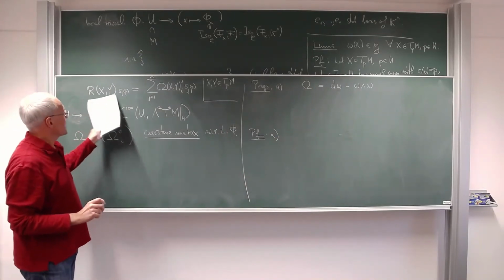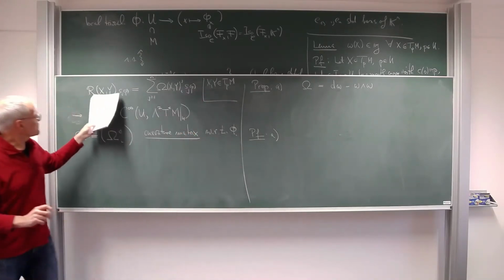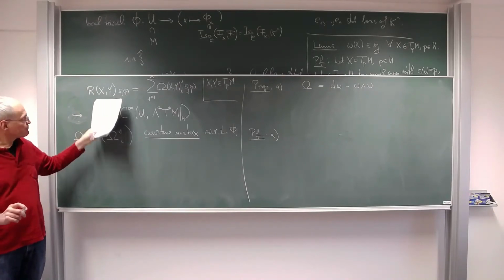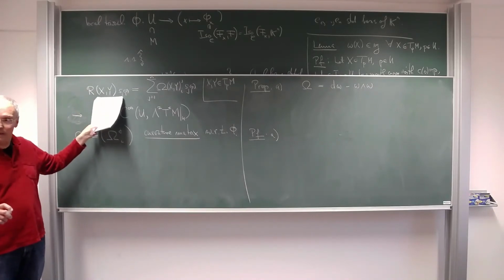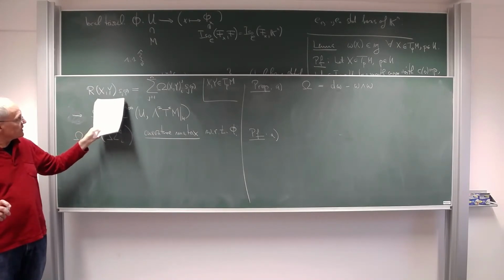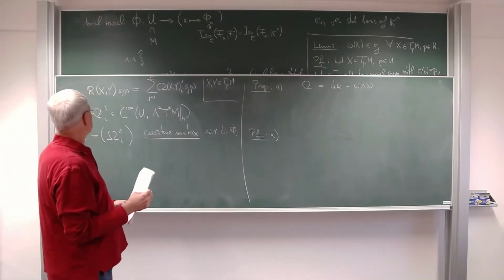So x and y are tangent vectors at P. In order to apply the definition of the curvature tensor, I need to extend them to vector fields near P. And I want to do this in a smart way to avoid unnecessary complications. I'm going to extend x and y in such a way that the covariant derivatives of them at P vanish. And in particular, the Lie brackets vanish.